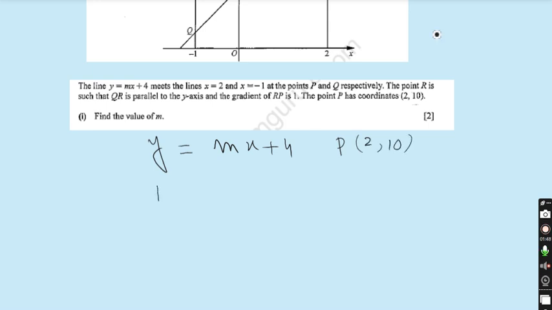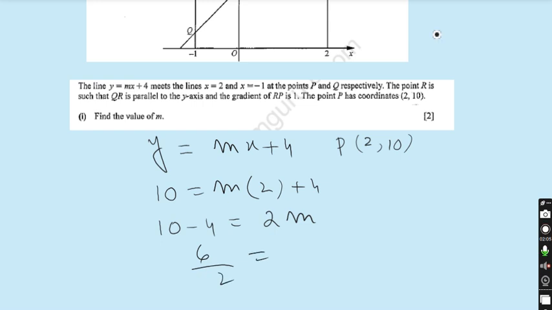So y is 10, equal to m times the value of x, which is 2, plus 4. 10 minus 4 is equal to 2m. 10 minus 4 is 6. 6 upon 2 is m. 2 threes are 6, so m is equal to 3. This is the answer of part 1: the value of m is 3.